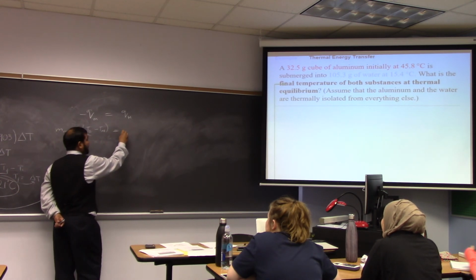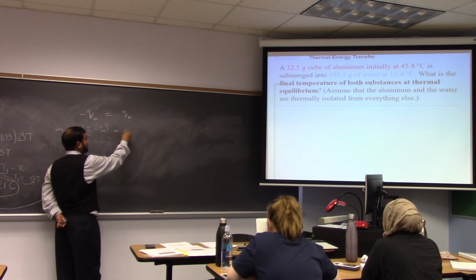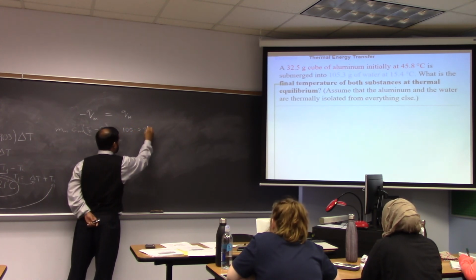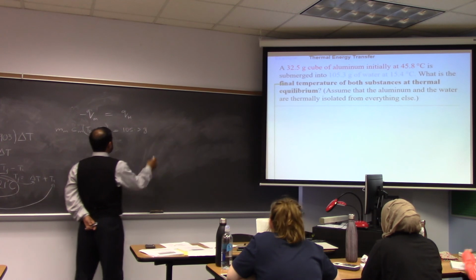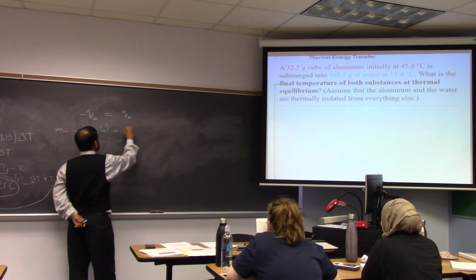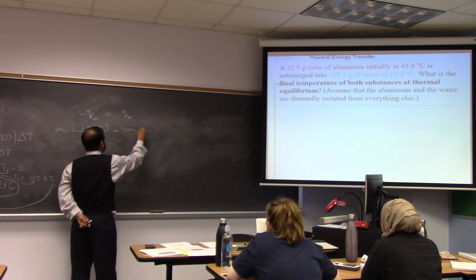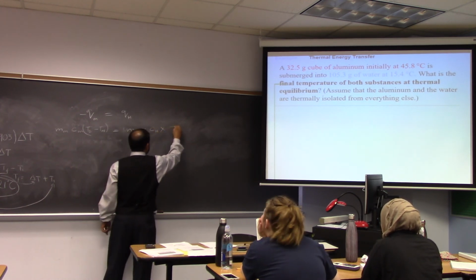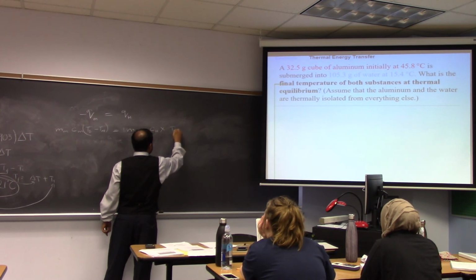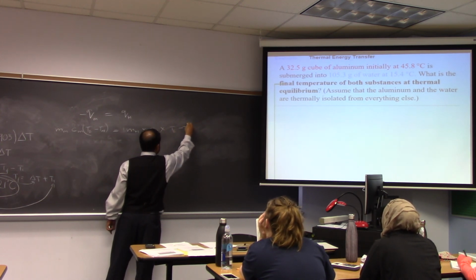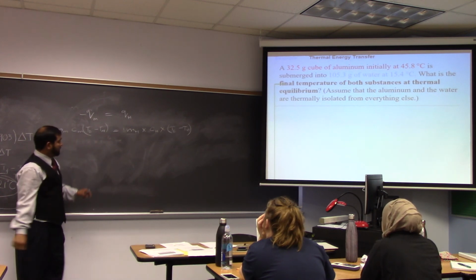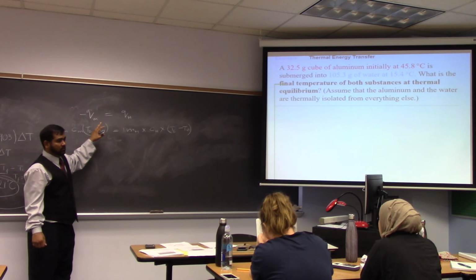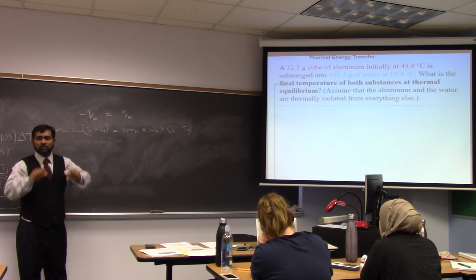And then mass of water is 105.3 gram. So mass of water times specific heat capacity of water times TF minus T of water. Look at it here. TF is the same in both cases, because finally they will come to one temperature.